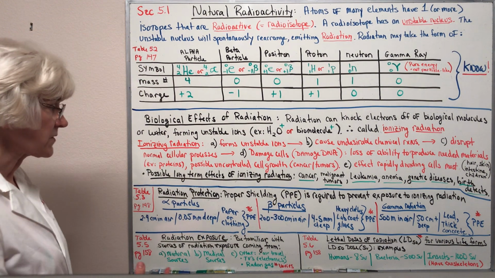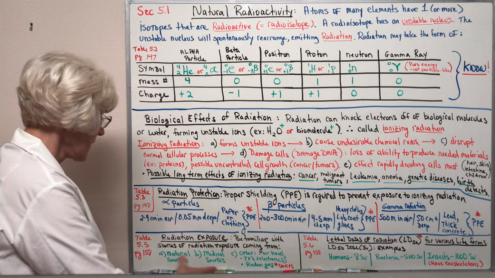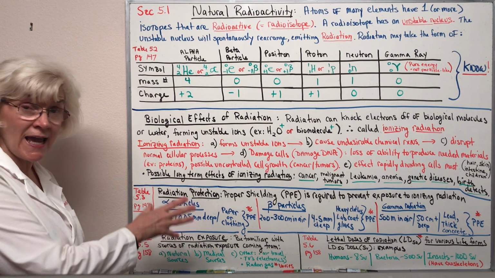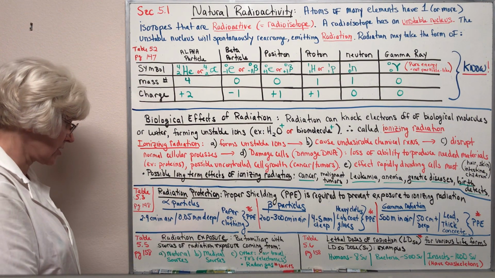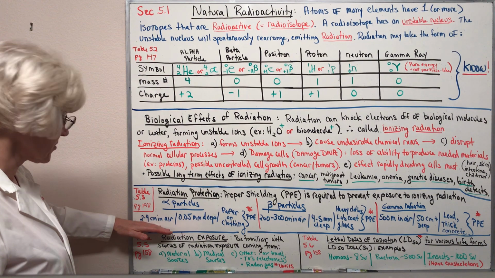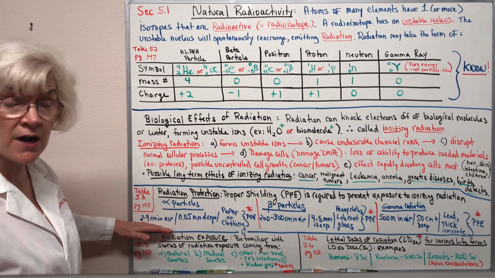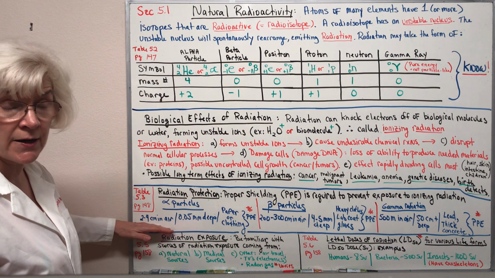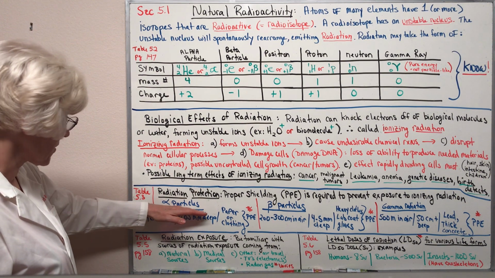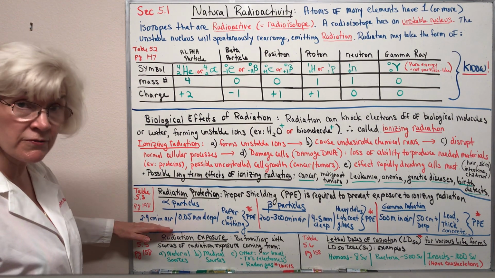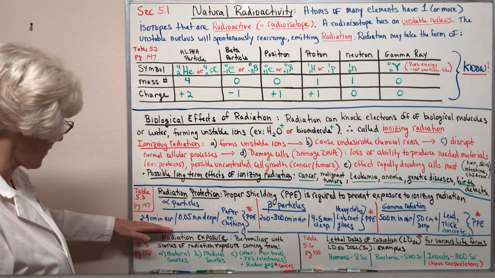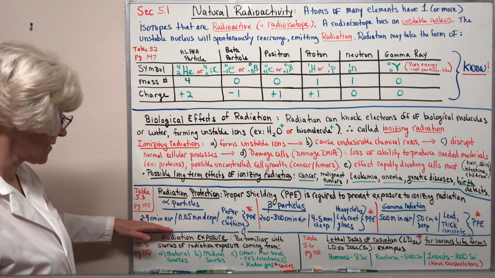So what sort of personal protection would be needed to prevent exposure to, say, alpha particle radiation? This first number tells you how far alpha particles can travel just free in the air. Because alpha particles are so heavy, they can't travel very far through the air, only 2 to 4 centimeters.